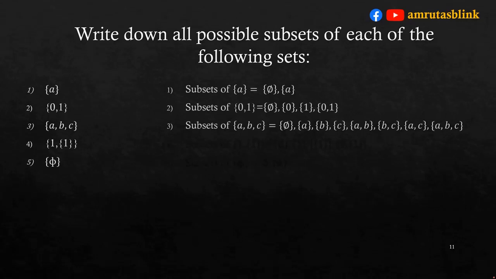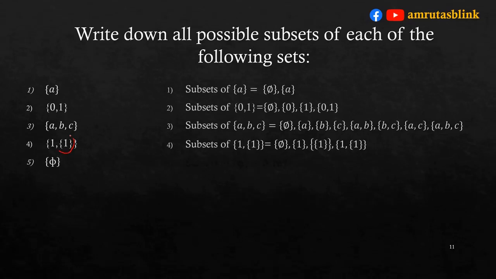Now next is {A, B, C}. So again empty set, after that singleton sets with all 3 elements, then combinations with 2 elements, that is AB, BC and AC, and the given set. Now here this curly bracket {1} is also an element in the question.